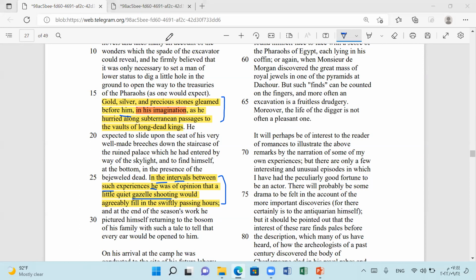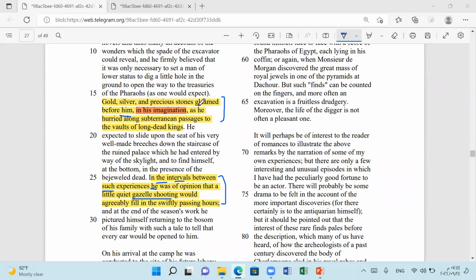Yes, complete, Toqa. I think it's citation A because he's imagining gold and silver, the treasure. Excellent.